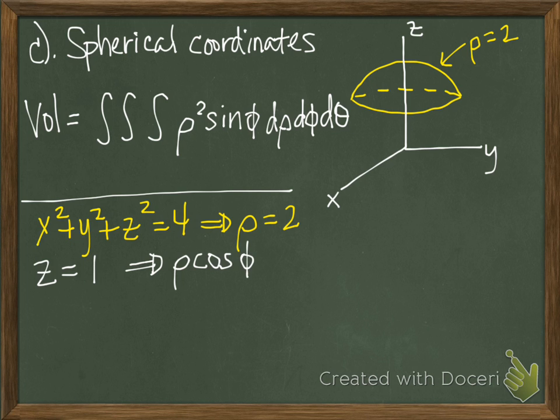And as a reminder, phi is the angle from the positive z-axis. So this bottom plane can be rewritten. We can solve this for rho. This is going to give me rho is 1 over cosine of phi, or the secant of phi. So that's going to be this bottom plane.